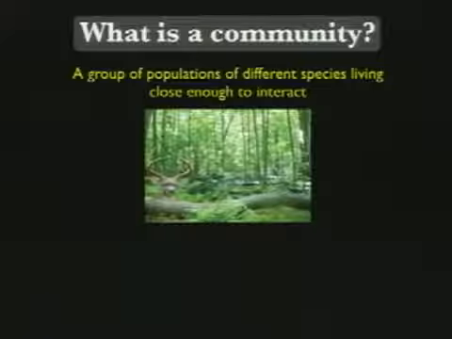And this point-counterpoint, this view of the community as an integrated whole versus a more random assemblage, can be seen in other countries and other scientific communities as having played out over the years, and it still plays out, these two perspectives on the community. We will move right down the middle between those viewpoints, hopefully, and for practical purposes, just define a community as a group of populations of different species living close enough together to interact.